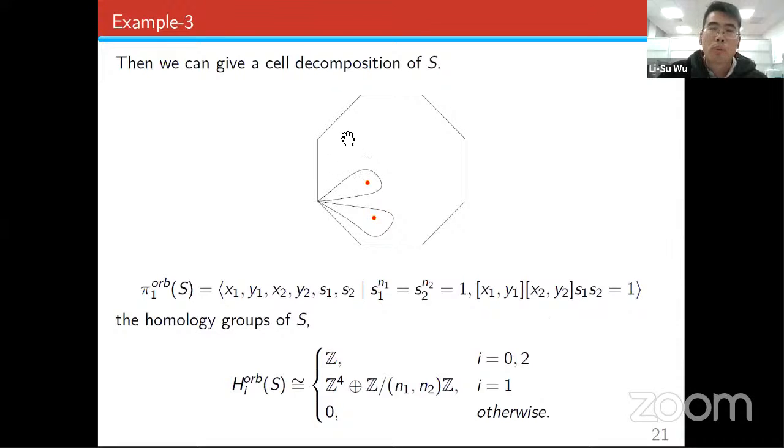It has only one 0-cell, those 8 points will be glued to one, and it has 6 regular 1-cells, and 2 singular 2-cells, and 1 regular 2-cell. So we can write down the fundamental group like this. And now this homology group can also be computed like this.